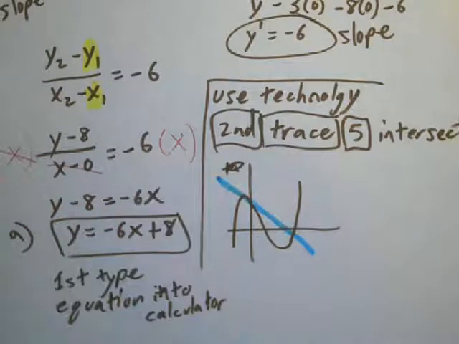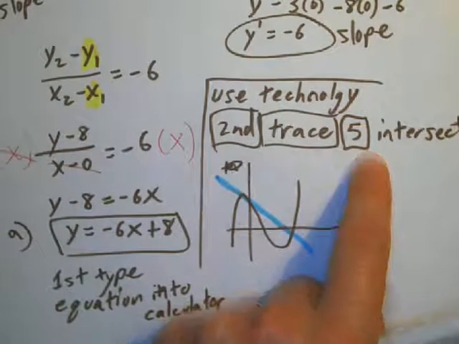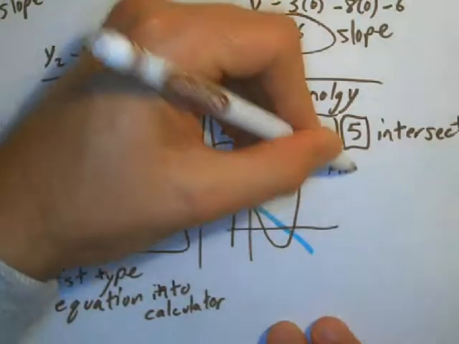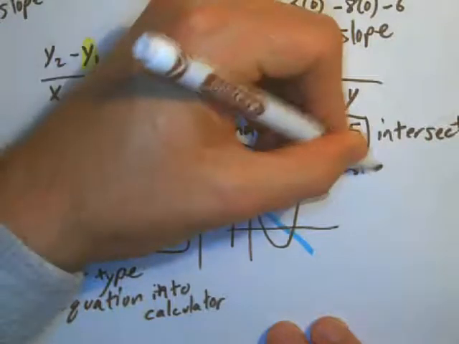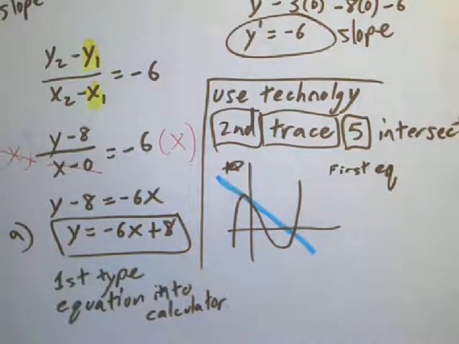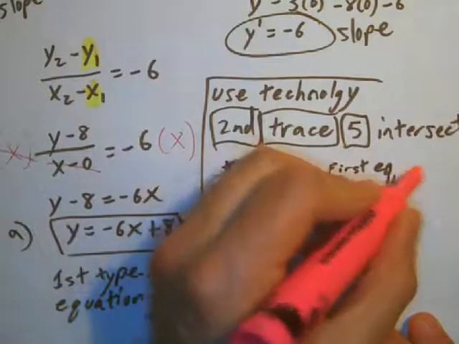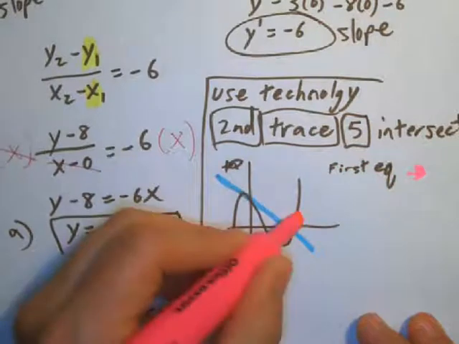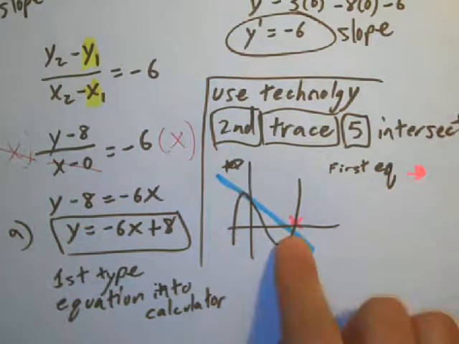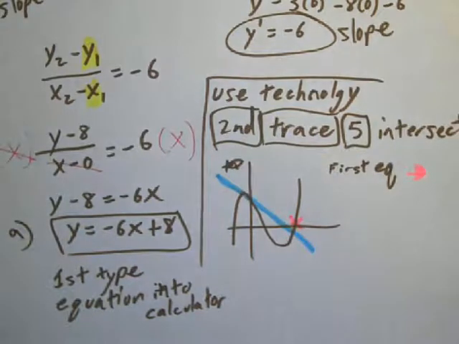Then, after we hit second trace 5, it said first equation, and we moved the arrow to the right, so we got close to this intersection here, and then we hit enter.